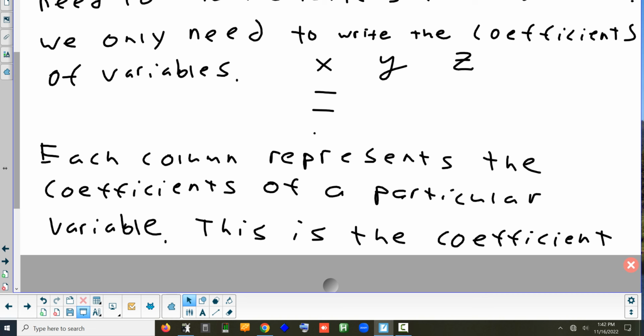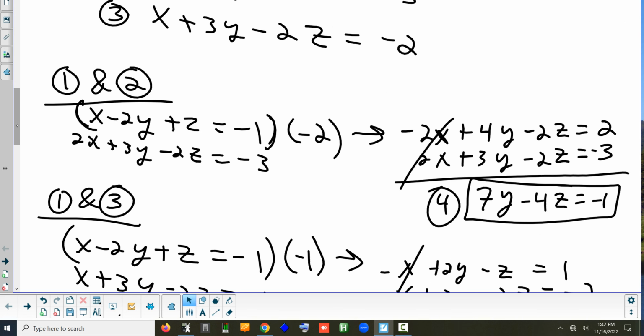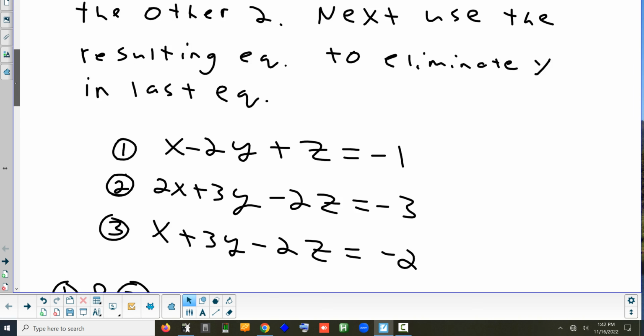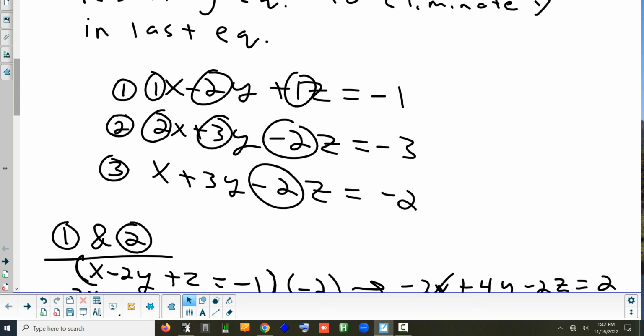The numbers that you put in these spots, these 9 spots in the 3 by 3, if we go back to our problem we just did, those 9 spots would be these 9 numbers that I just circled. That's all you would have to write in.